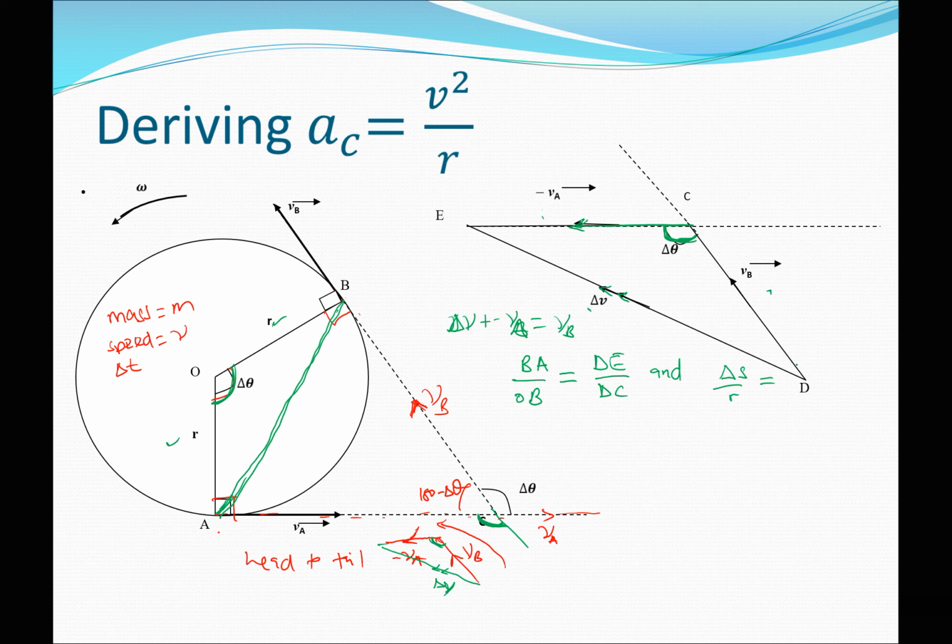Let me just say the distance here is approximately equal to the arc length, that is if delta theta is very small. But I want you to also notice that the angular displacement delta S over the radius is actually the same as delta V, the change in velocity, divided by VB.